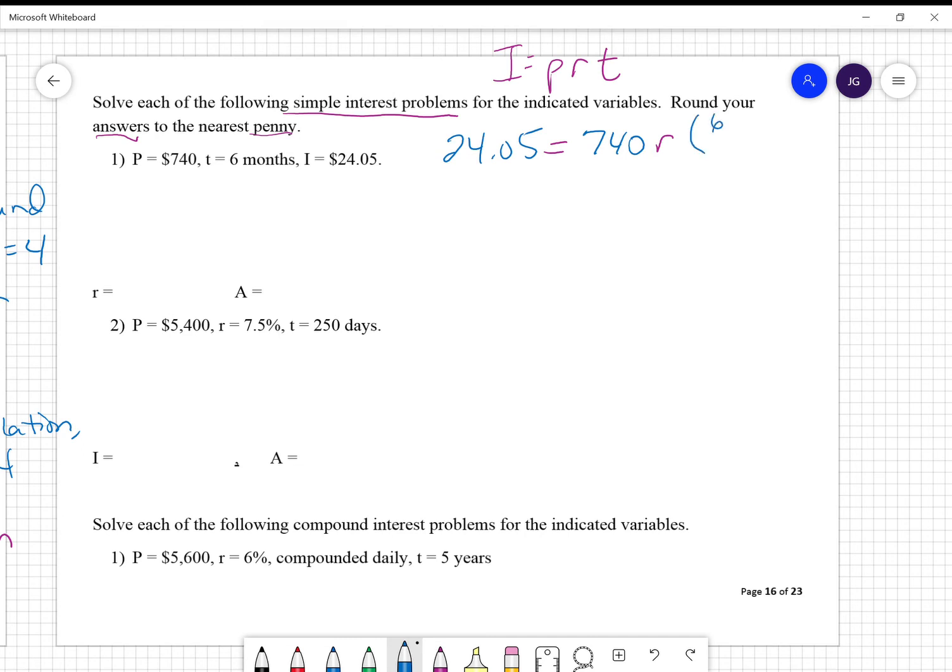So remember 6 months, 6/12. 24.05 equals, I can simplify 740 times 6/12. I get 370 and solve for R by dividing by 370.